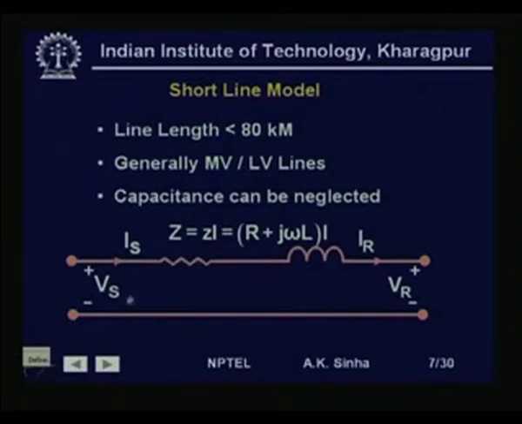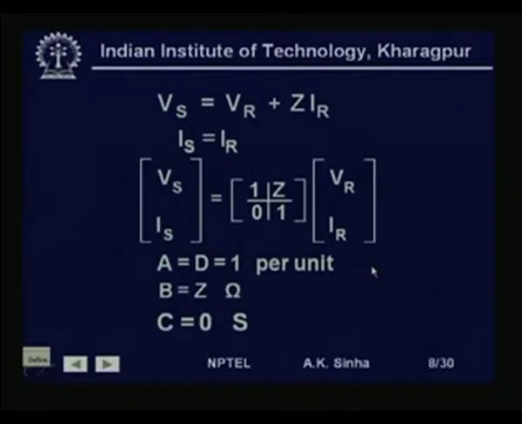So, from this model we have V s the sending end voltage, I s the sending end current, only series impedance Z, which is R and this j omega L or X L, and I r is the receiving end current and V r is the receiving end voltage. From this circuit it is very clear I s and I r will be equal. Therefore, we can write down the circuit equation for this transmission line model as V s is equal to V r plus Z into I r.